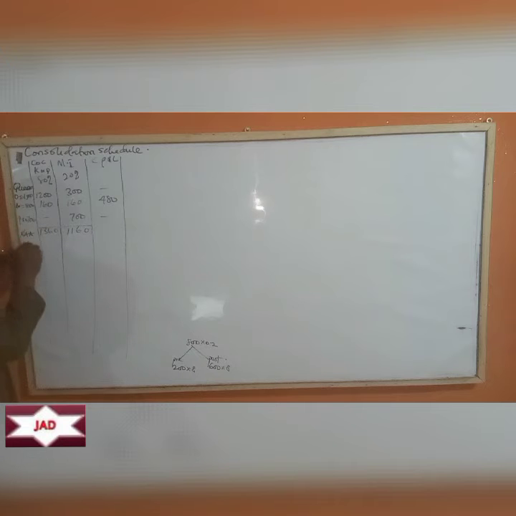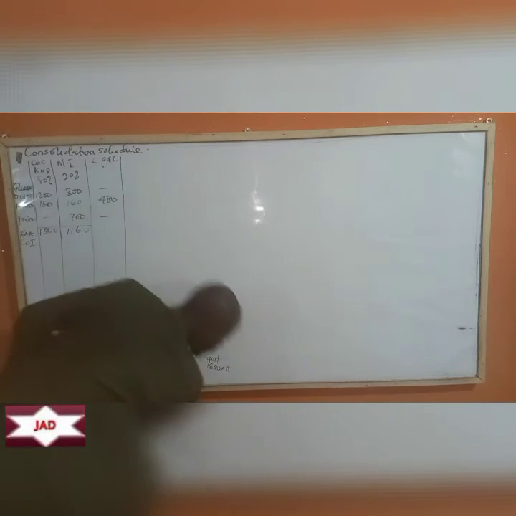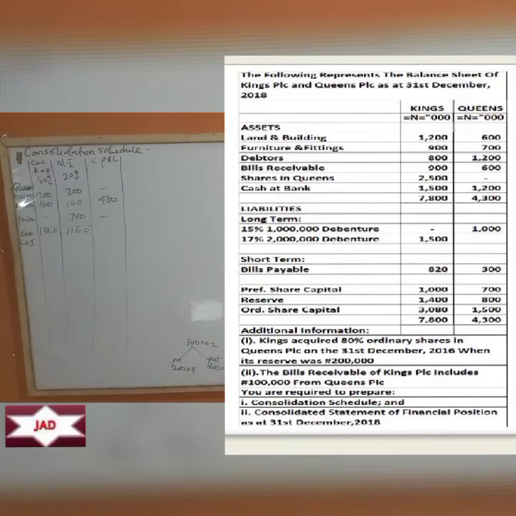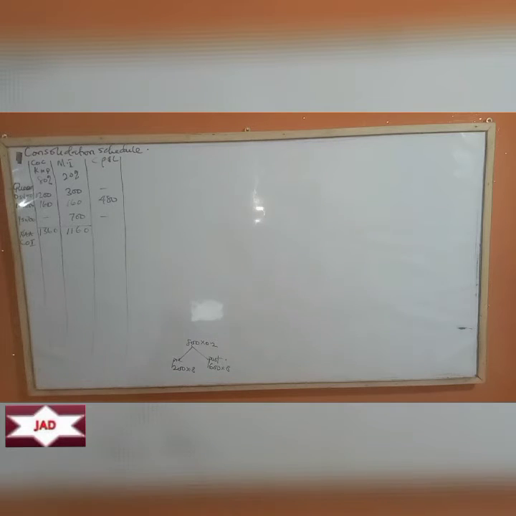So let's go. Cost of investment. What's the cost of investment? I see here shares in Queens, 2,500.